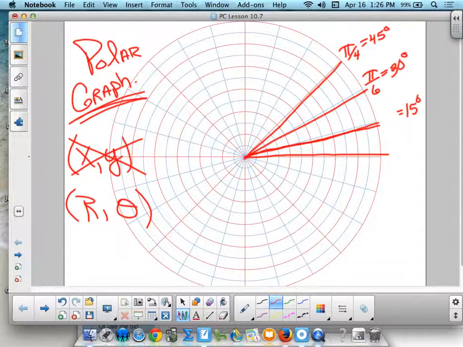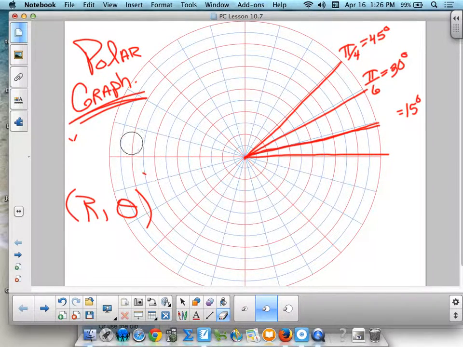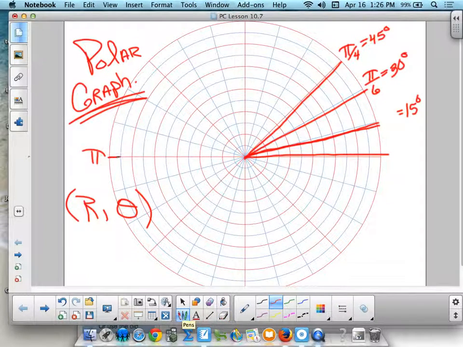Remember, half a circle is just pi, right? So all the way over here is pi. So this is broken into 12 parts. So when you go around the circle, you have to know you're counting by 1/12 pi, 2/12 pi, 3/12 pi. And of course, they reduce them to get these numbers. Pi over 6, pi over 4.